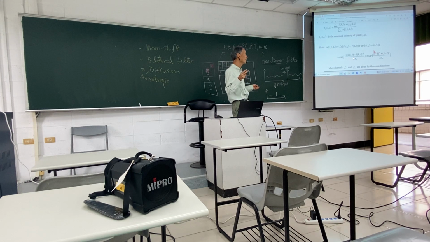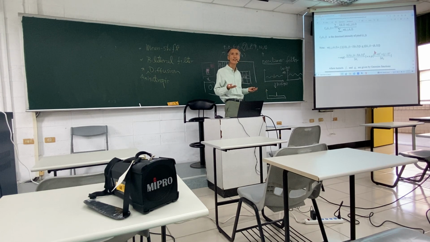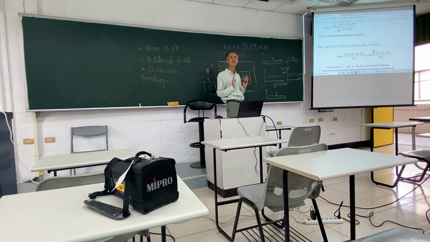Now, it has two parameters. The first one, just like the meanshift, is the bandwidth for color. And the second one is the bandwidth for the spatial distance. That's it. So they are similar, but the idea is a little bit different.